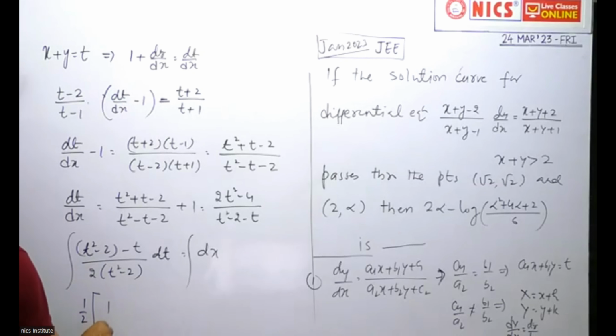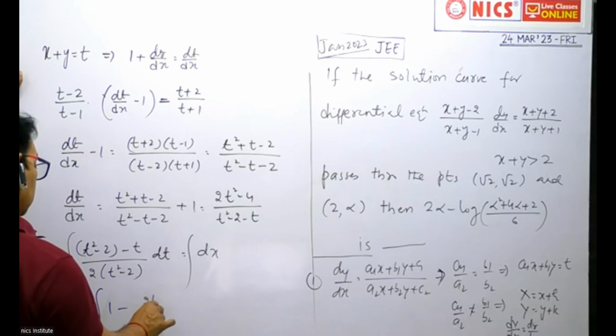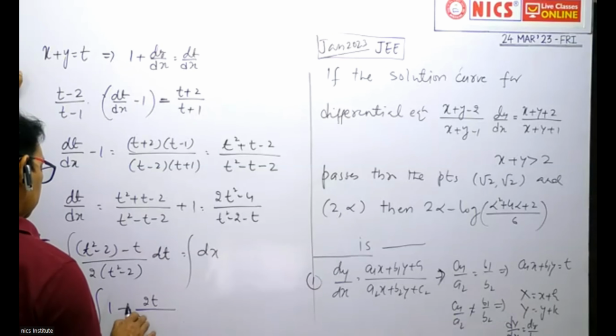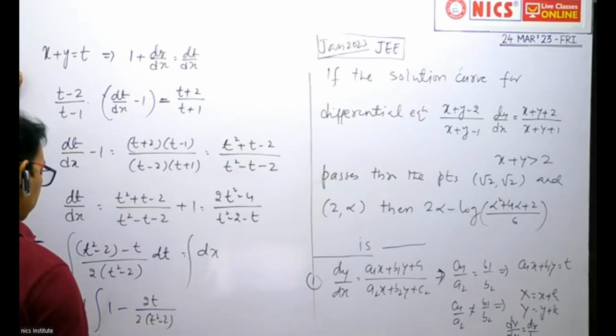Integration of 1 would be t, and here you have to make a substitution. I will not do it directly, otherwise you may get confused. Let me add one step more. It is 1 minus 2t by 2 into (t square minus 2). I multiply by 2, divide by 2.